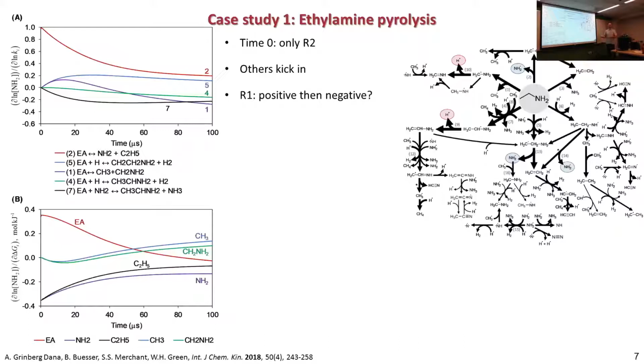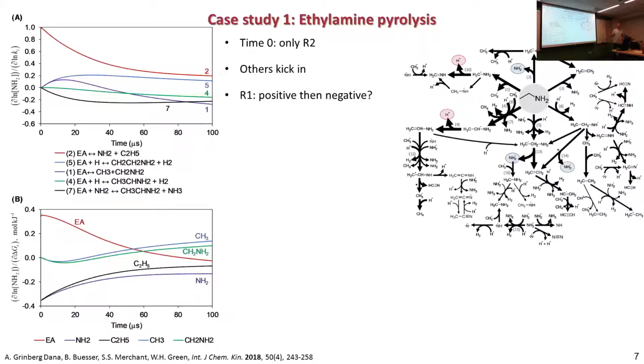So if you increase delta G, that's a positive sensitivity coefficient, meaning if ethylamine is less stable, you get more NH2. Does that make sense? If ethylamine is less stable, it will decompose faster, creating more NH2. Perfect sense. If it's more stable, the reverse, it won't react. You won't see much NH2. So, all right, first, makes sense.